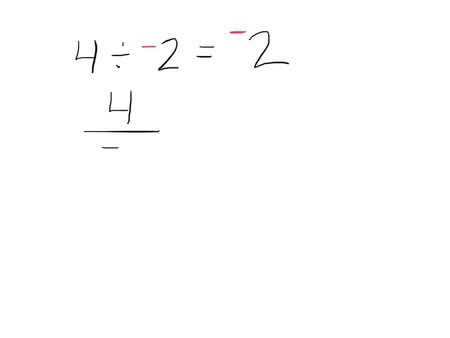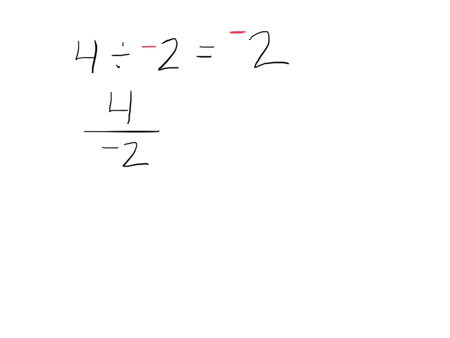If I have 4 divided by negative 2, 4 divided by 2 is going to be 2. But since I've got this one negative sign or the one opposite sign, I've got to also change that sign as well. Another way of writing this would be to say 4 over negative 2.